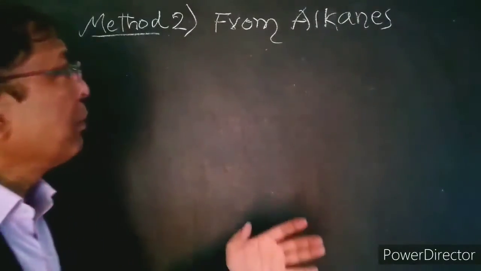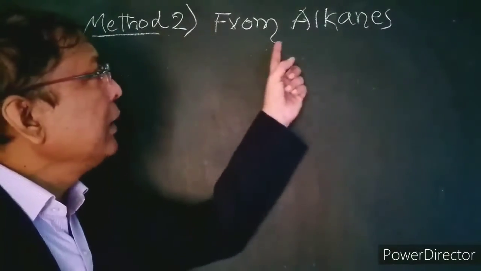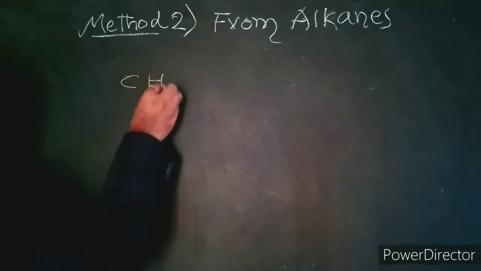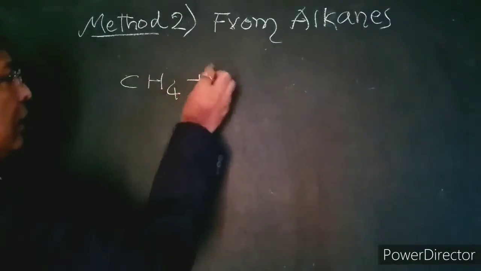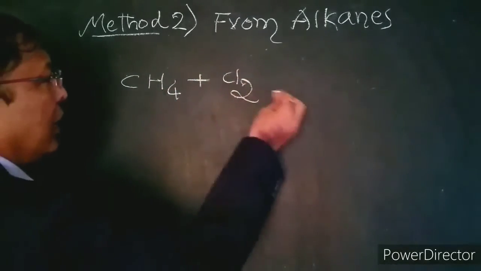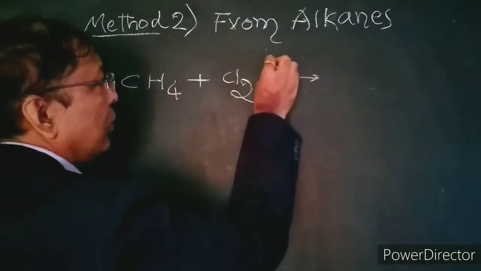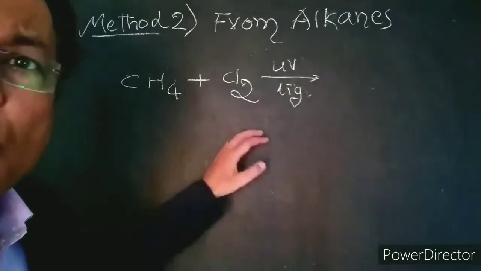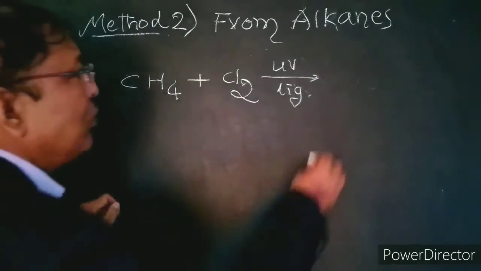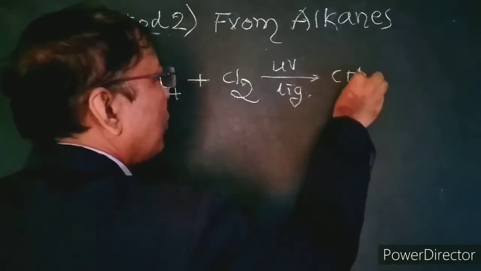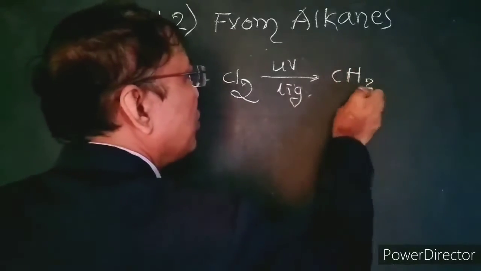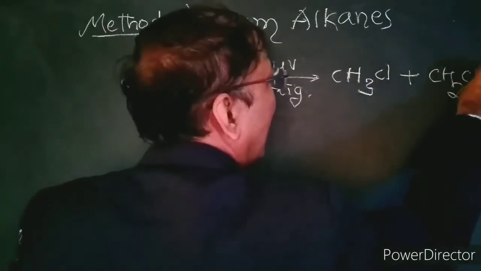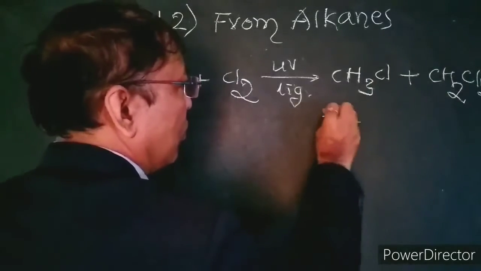We can prepare alkyl halides by using alkanes. When alkanes, for example methane, are reacted with chlorine in presence of UV light, the reaction takes place by free radical mechanism, and we get a mixture of mono-substituted and poly-substituted haloalkanes.